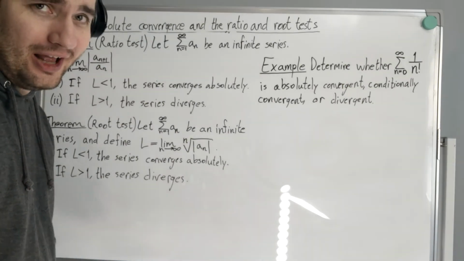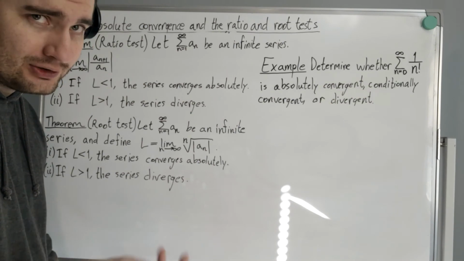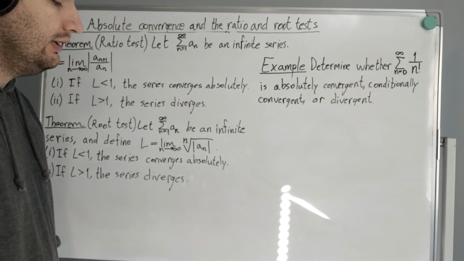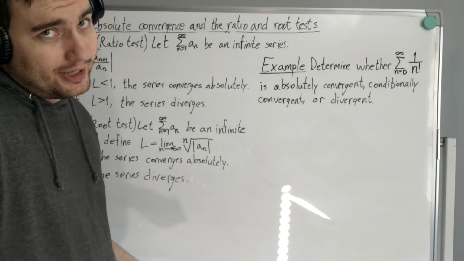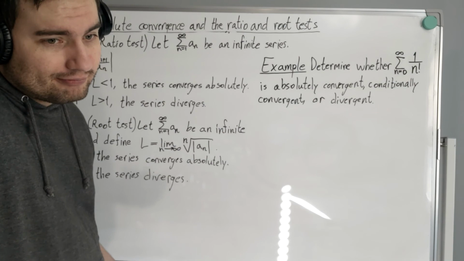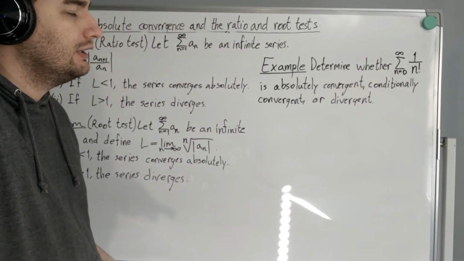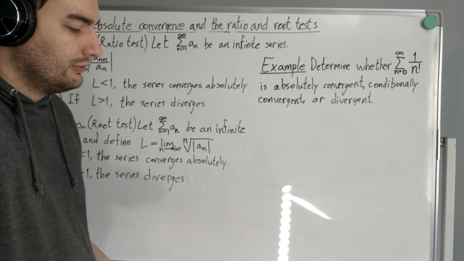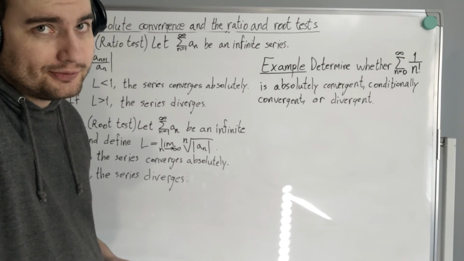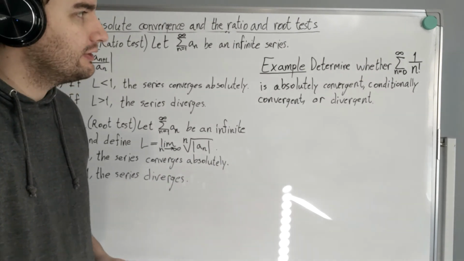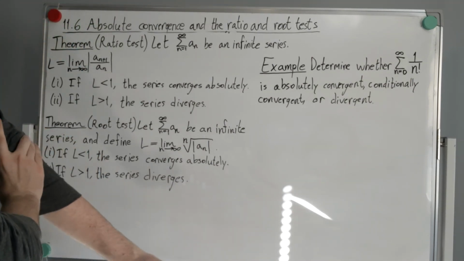So integral test won't really help here. It's definitely not geometric. It's definitely not telescoping. Comparison test would be great, but first of all, what are you going to compare it to? I mean, n factorial, that's just whatever n factorial is. And then it's not an alternating series. In fact, it's a series of positive terms. So how would you do this? Well, the easiest way to do it, I say, is by the ratio test.